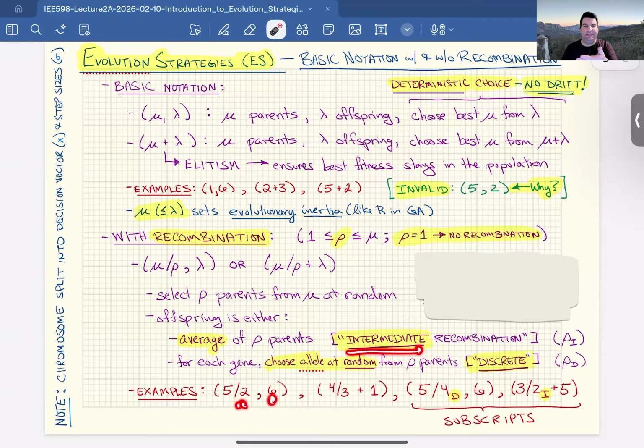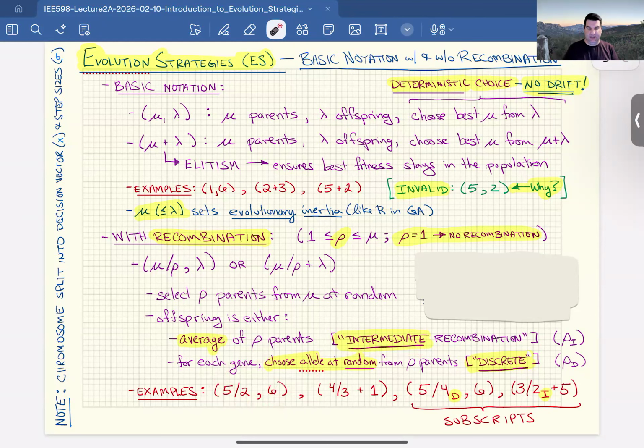And then once you have new step sizes, which remember is 1 step size per decision variable, then you can apply those step sizes for that single offspring to its decision variables. And then at that point, you'll have new decision variables with new step sizes, and that will be one of those 6 offspring. And then you repeat that for each one of those 6 until you get all 6 offspring.